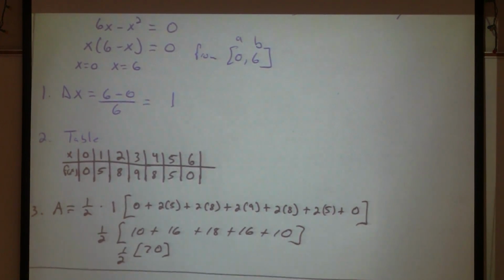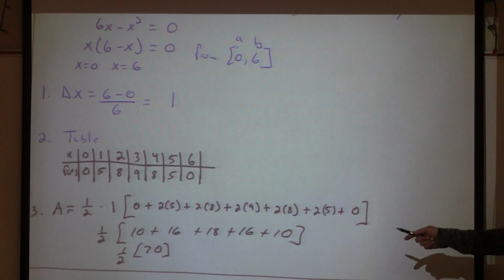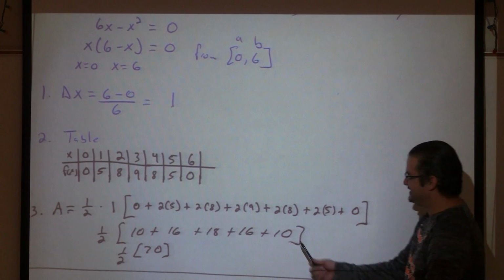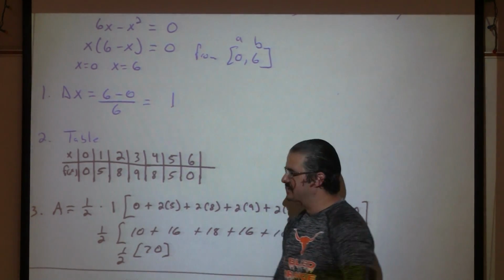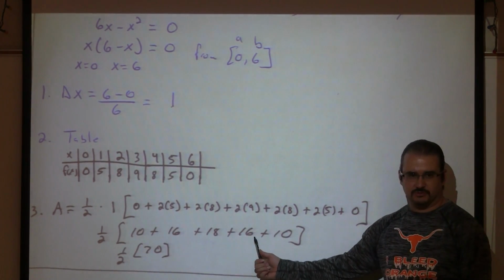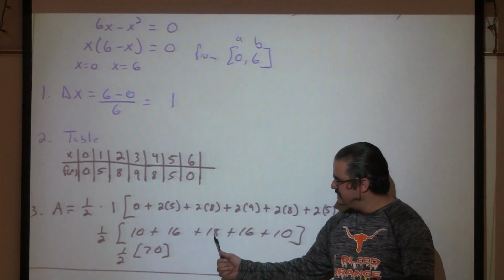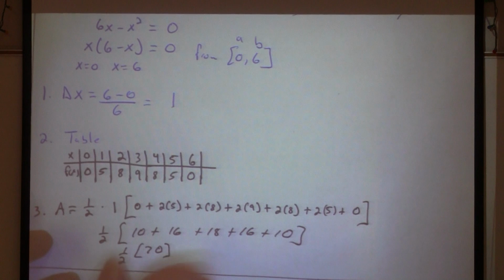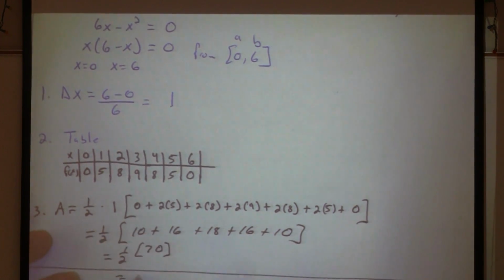Wait, what? I just added all the 10s, like 10, 20, 30, 40, 50. And then I added the 6 and the 6, which was 12, so that gave me 62. And then I added the 8. Cool. Okay. So 1/2 of 70? 35. Easy?